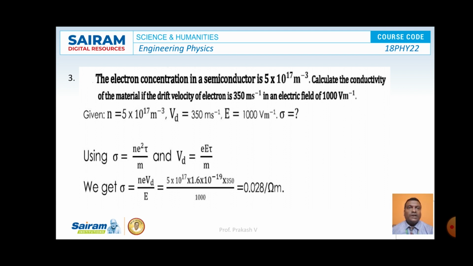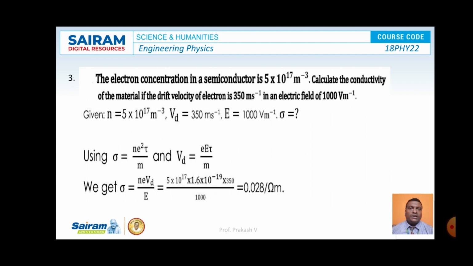So here the electron concentration is 5 into 10 to the power of 17 per meter cube, the drift velocity Vd is 350 meter per second, and the strength of the applied electric field is 1000 volt per meter. So what is the electrical conductivity sigma?